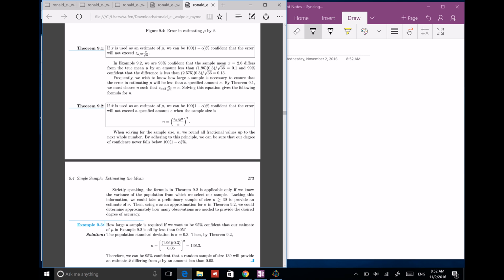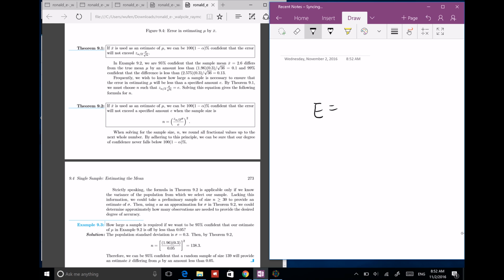Okay, please read Theorem 9.2, because we have that E, the error, equals z alpha over 2 times sigma over the square root of n. Now I solve for n. I square both sides. You get E squared equals z alpha over 2 squared times sigma squared over n.